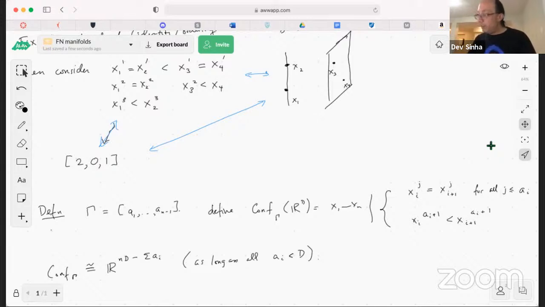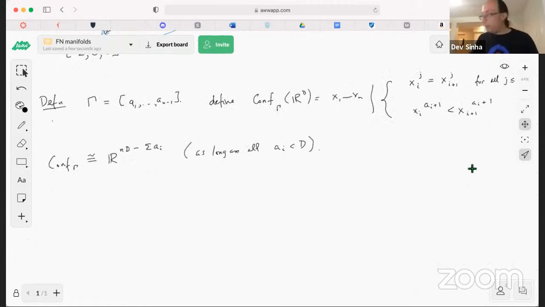Great. So then what we're going to do now is define something which I'll just call W gamma, which is the closure in the configuration space. And so again, let's repeat. What we have is that x_ij equals x_(i+1)j. Those jth coordinates agree for j less than or equal to a_i.